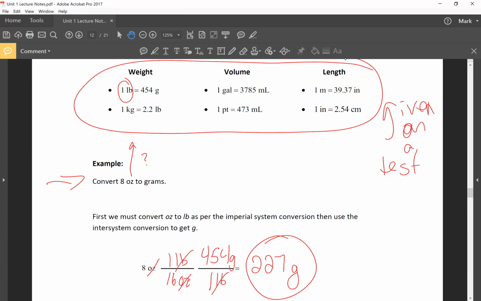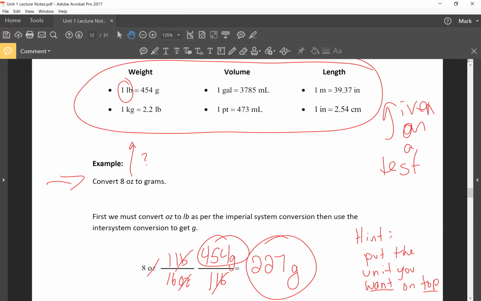There was something I was just going to mention here. Oh, one little hint before I move on. And I haven't really mentioned this yet, but put the unit you want on top. I'm looking for grams. Make sure the unit you're looking for is on top.